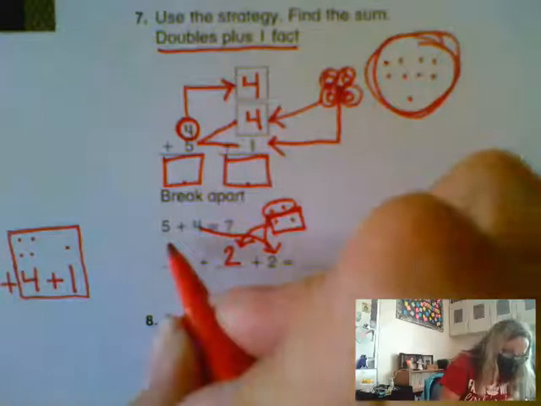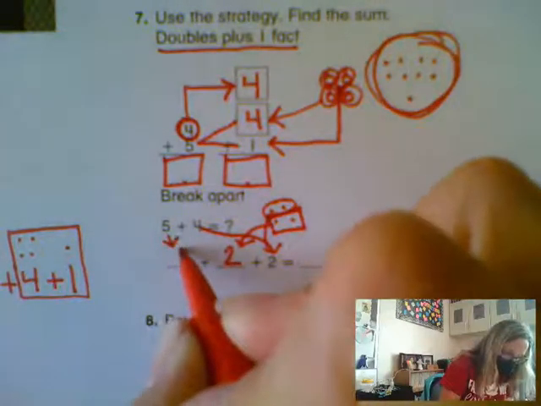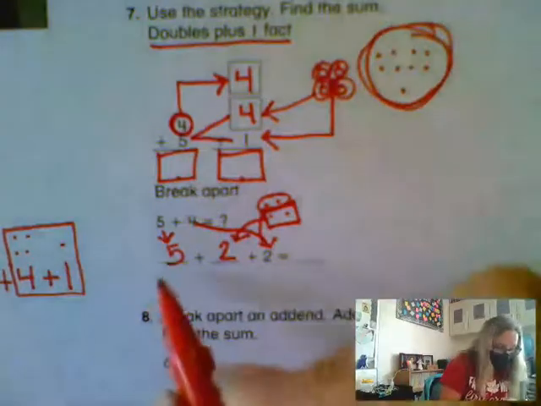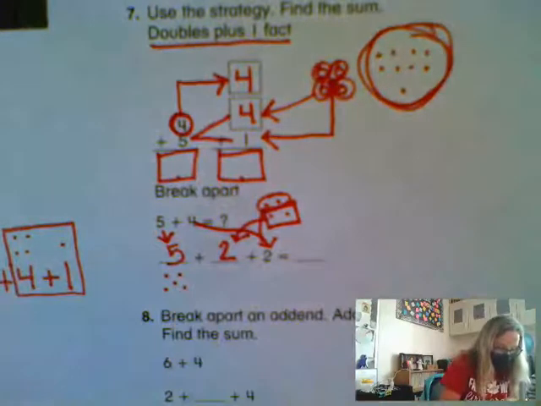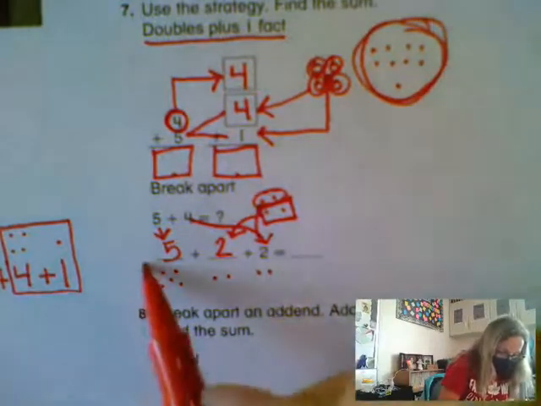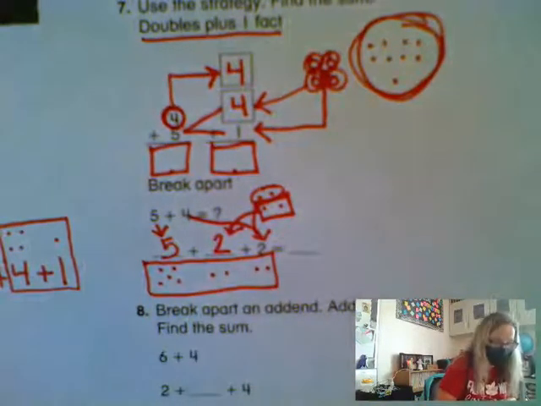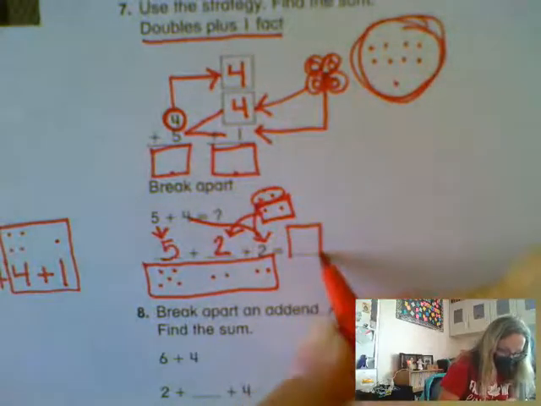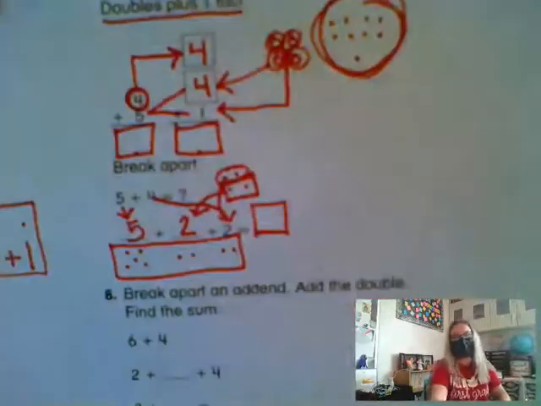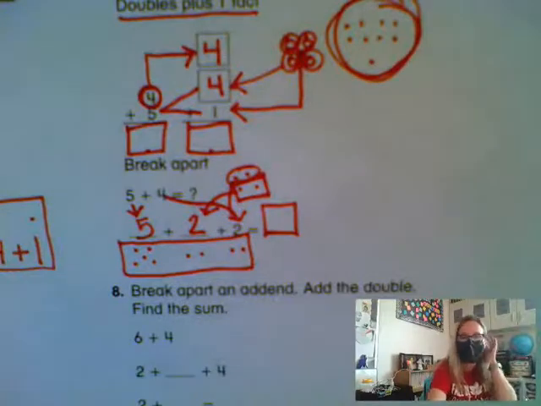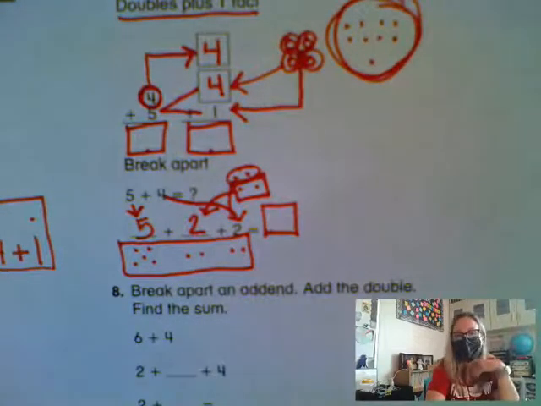And now I'll bring down my 5. So now I have 1, 2, 3, 4, 5, plus 2, plus 2. However many that is all together will tell me the answer to that problem. So go ahead and figure it out, and then write in your sum or your total.